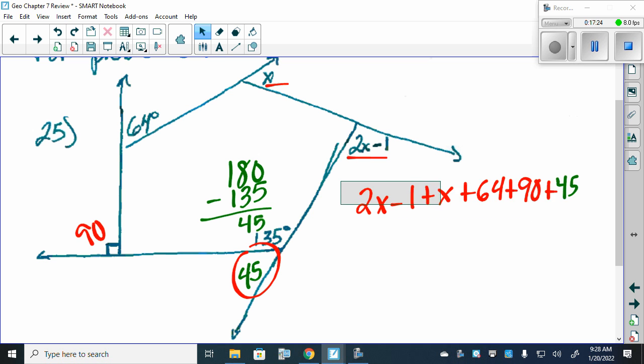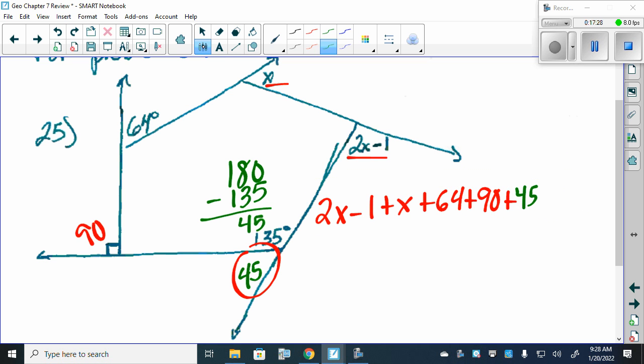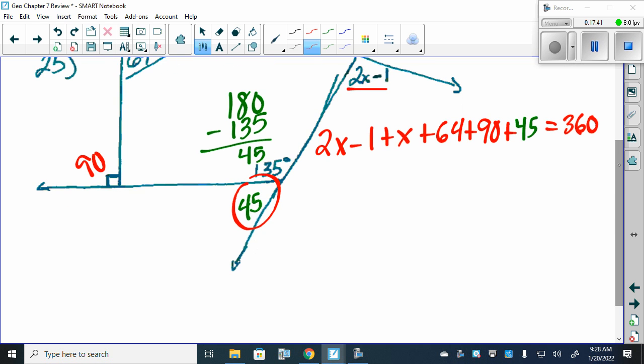And this here is equal to 360, because the sum of the exterior angles will always be 360 degrees. Now at this point here, we can add the like terms. Well, 2x plus x is 3x.